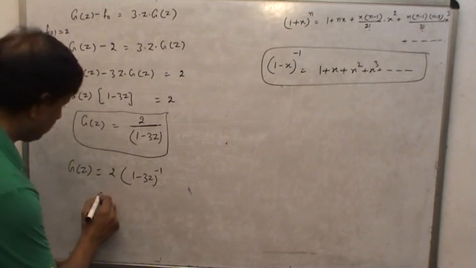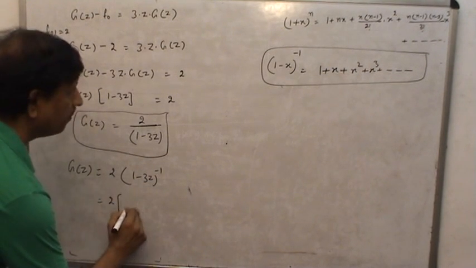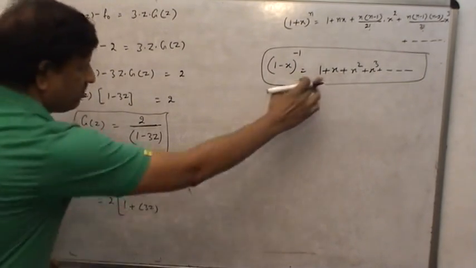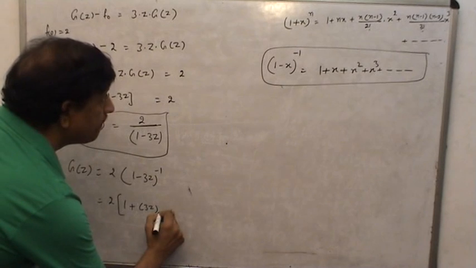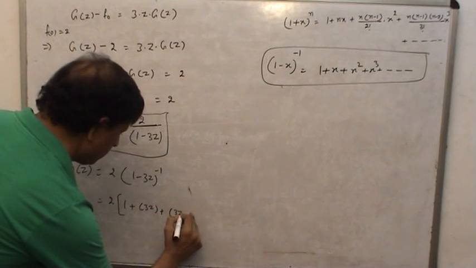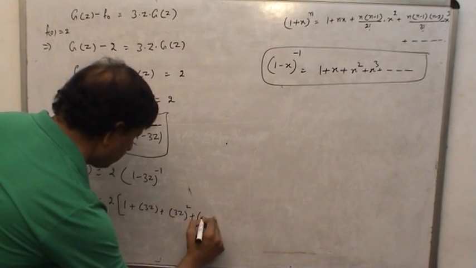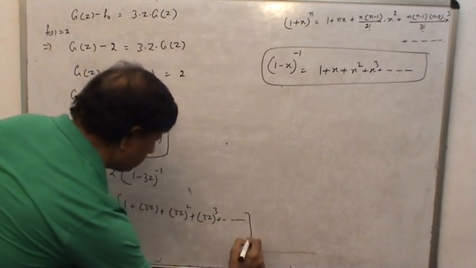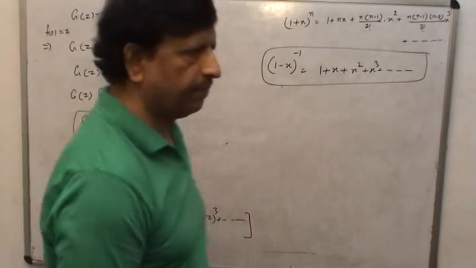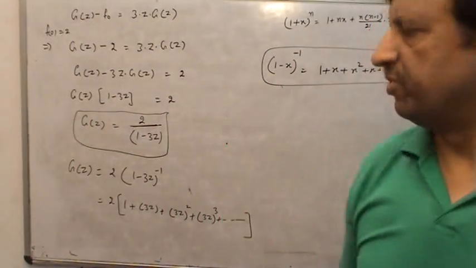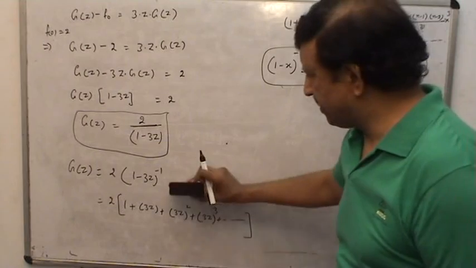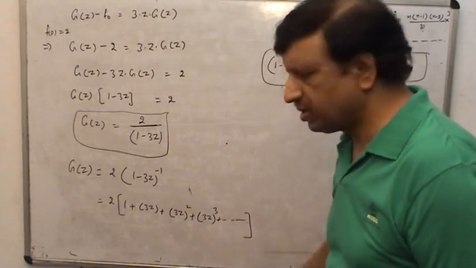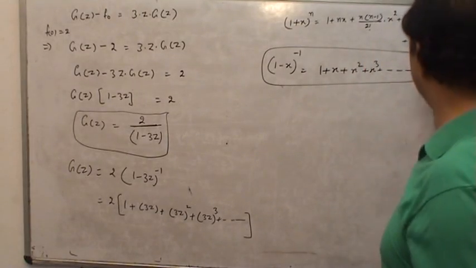Here that is equal to 2 into (1 plus 3z plus 3z square plus 3z cube plus so on), where x is replaced by 3z. We have expanded this equation by using the binomial theorem.